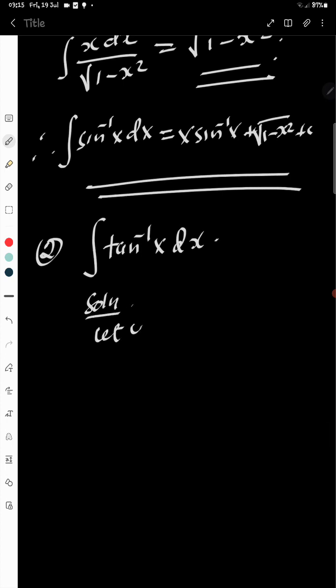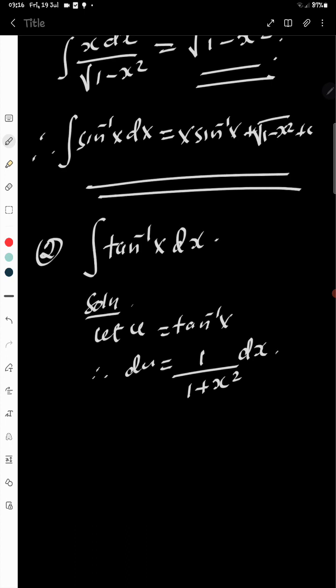Let u is equal to tan inverse of x. Therefore, du equals 1 over 1 plus x squared dx. dv is equal to dx. Therefore, v is equal to x.